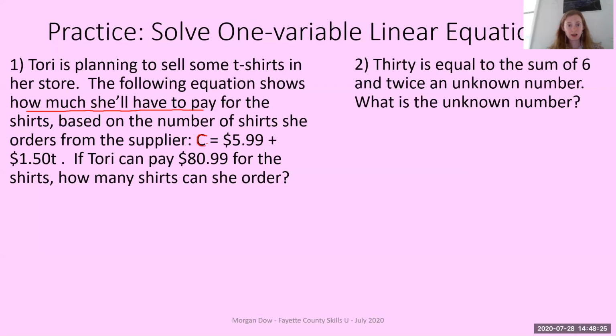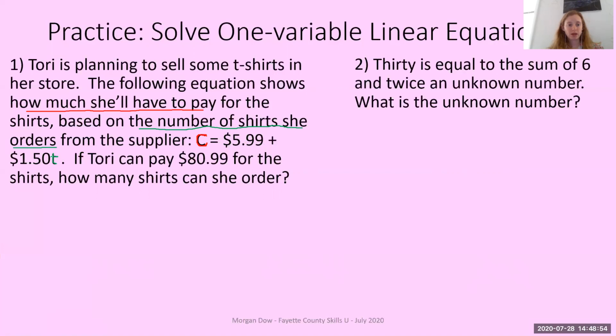Capital C, how much she'll have to pay, the cost, based on the number of shirts, the number of t-shirts she orders. So the cost is equal to $5.99 plus $1.50 times the number of shirts that she orders.